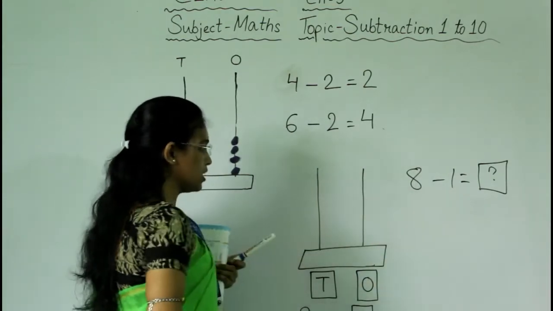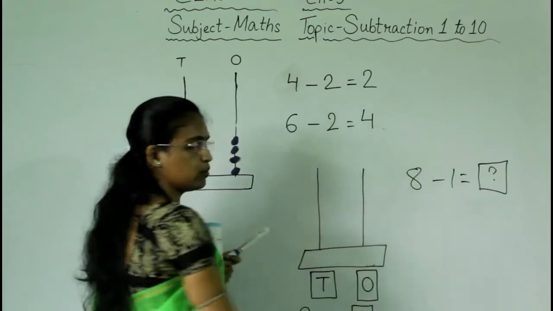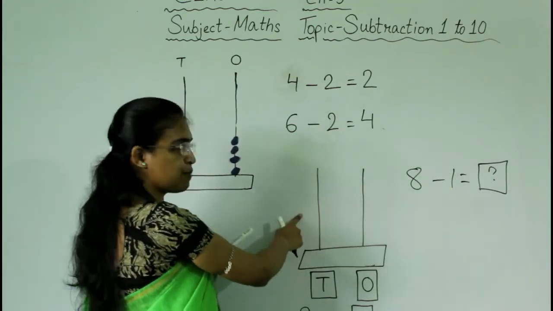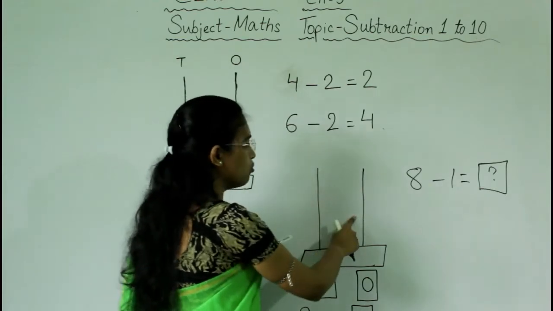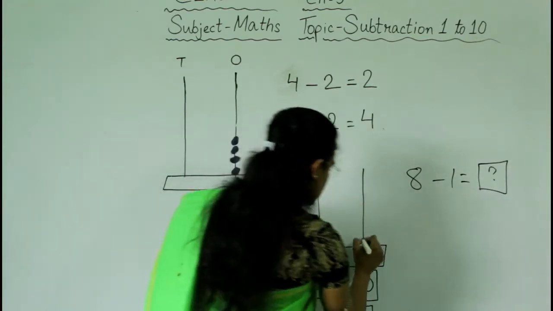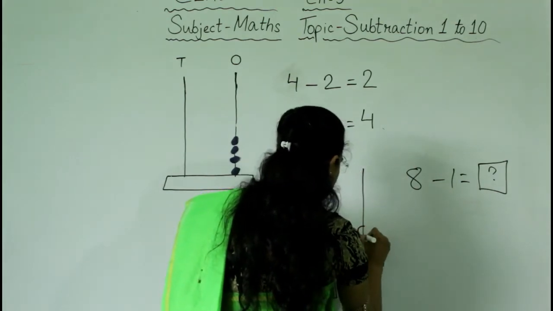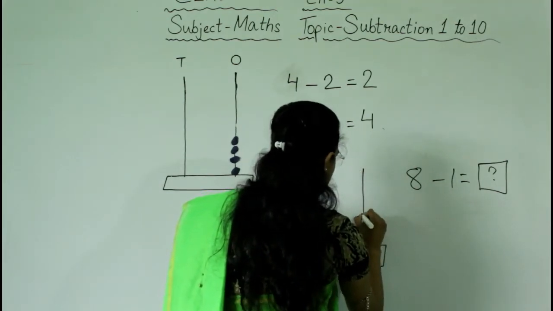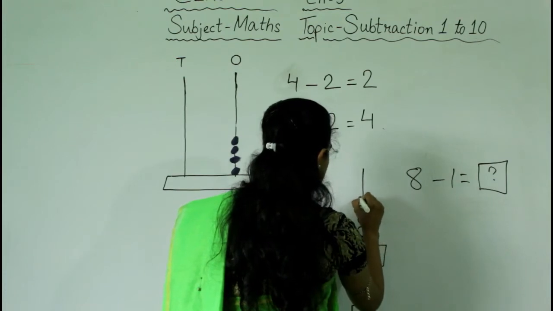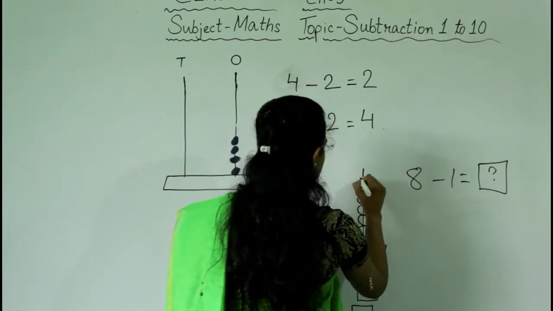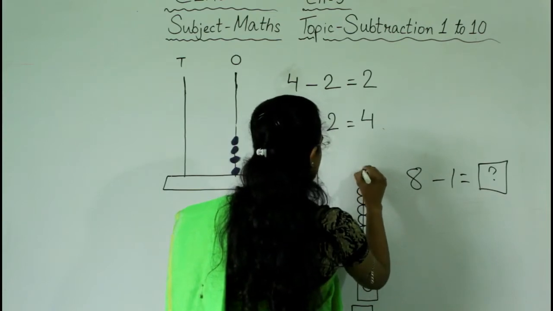So we have to place how many balls? 8 balls. Why do we have to place these 8 balls? In the tens place? No, in the ones place. So let's draw 8 balls. 1, 2, 3, 4, 5, 6, 7, 8.